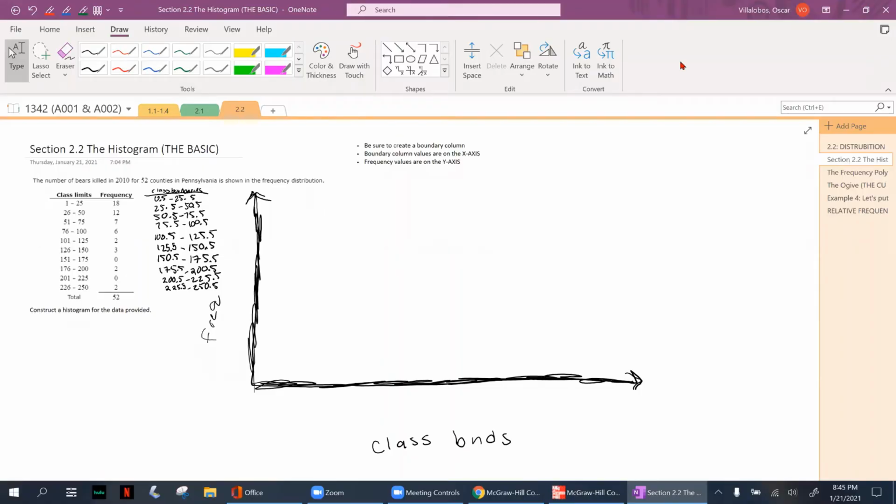Now the values for my frequencies, if we look at the graph, it looks like they go up to 20. So say this is 10, that's 20. This is 0, and I'll say 2, 4, 6, 8, 10, 12, 14, 16, 18.